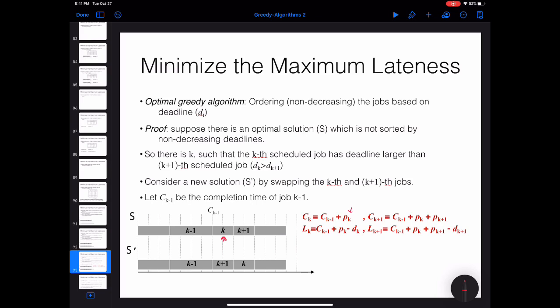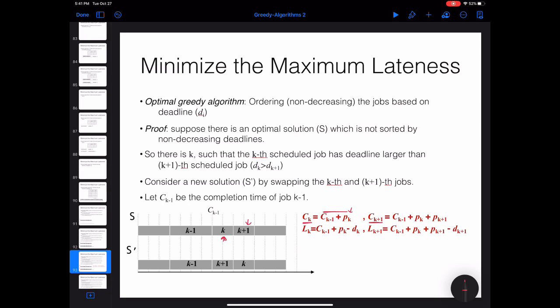What is going to be the completion time of this job? This is going to be the completion time of K plus the processing time of K plus 1. So I know the formula for the completion time of K plus 1, and I know the formula for the completion time of K as well.